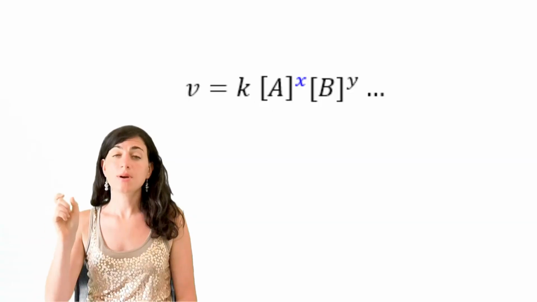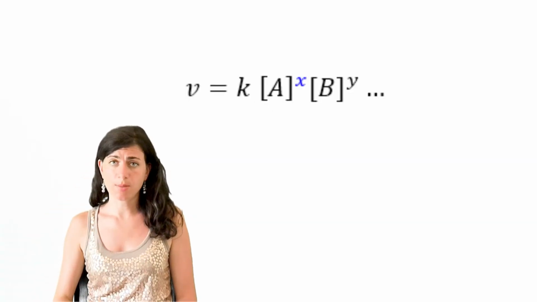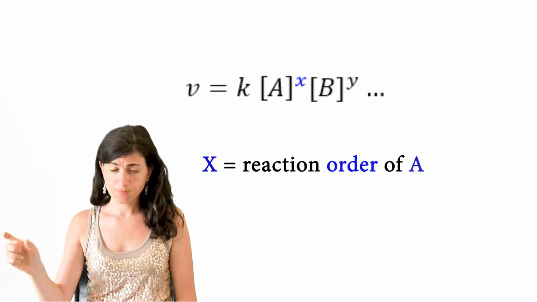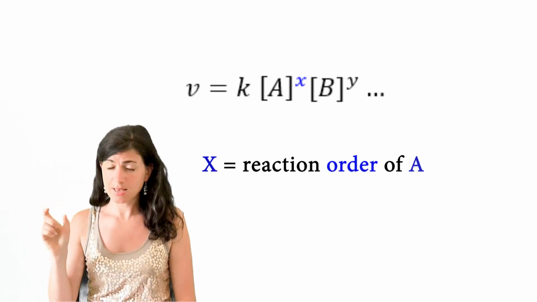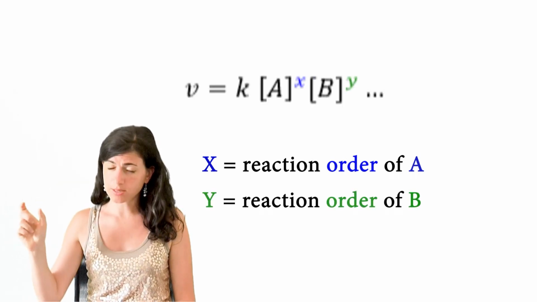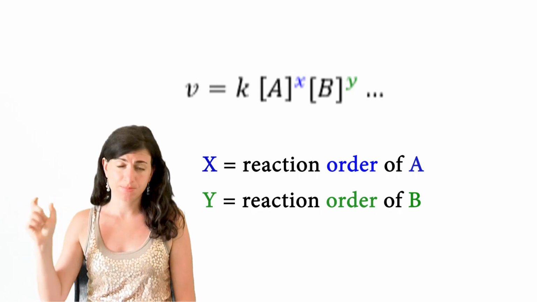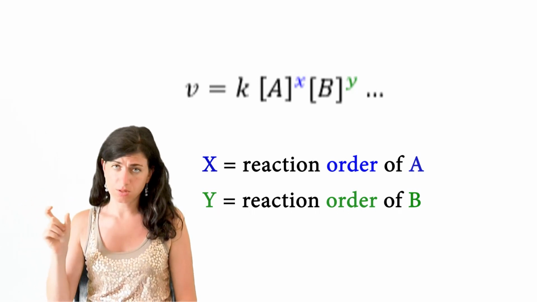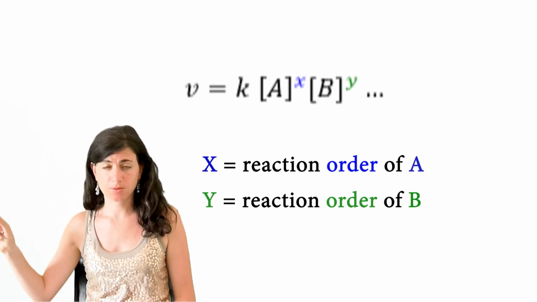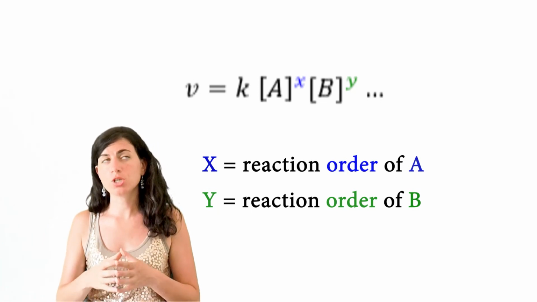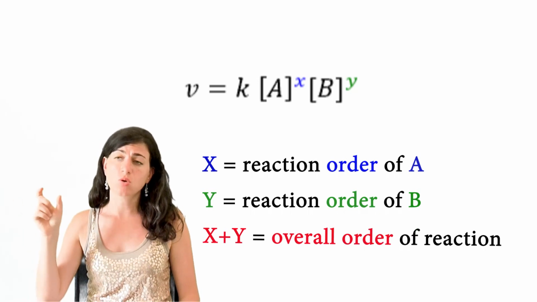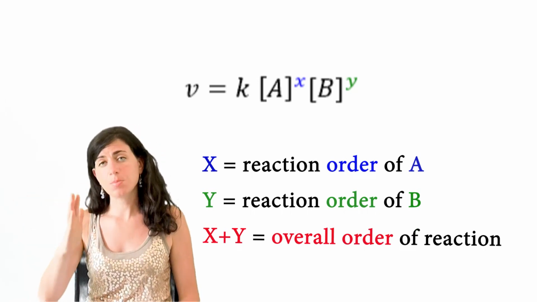So, for instance, the number x in our generic equation of the kinetic law is identified as the reaction order of the chemical species A, while y identifies the reaction order of the chemical species B. The overall order of the reaction is given by the sum of all of these exponents. So in the case that in our equation only A and B are involved, the overall reaction order will be just x plus y.